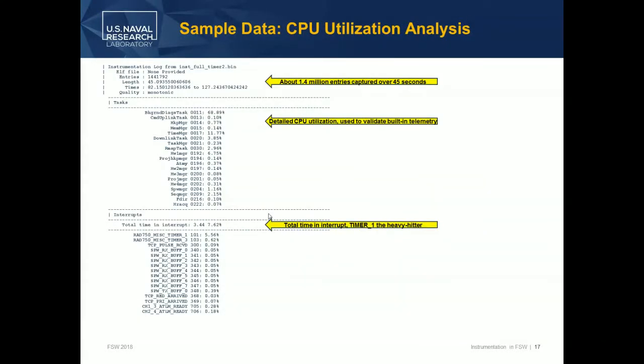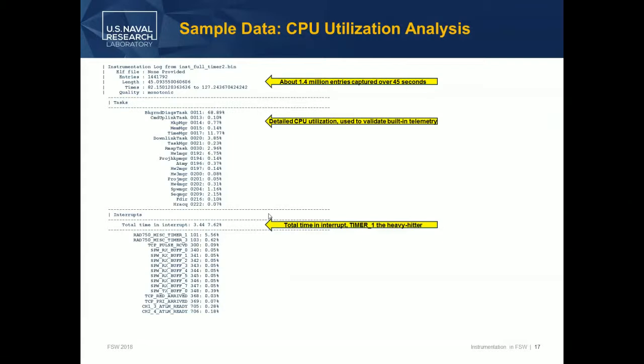Now, I talked earlier about some of the analysis outputs, as opposed to a human-readable report. This is just an example of a run we did. We had about 1.4 million entries in our ring that represented 45 seconds of data. In that run, that gave you the CPU utilization for each of those tasks at a pretty high fidelity.